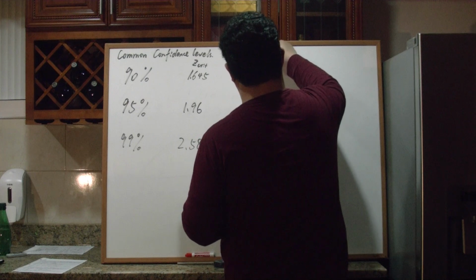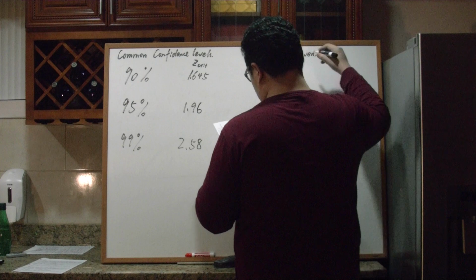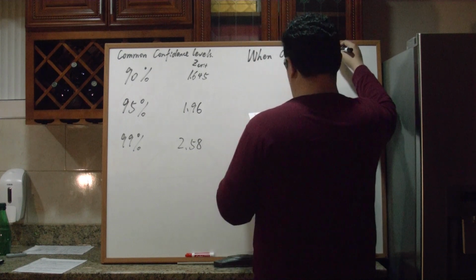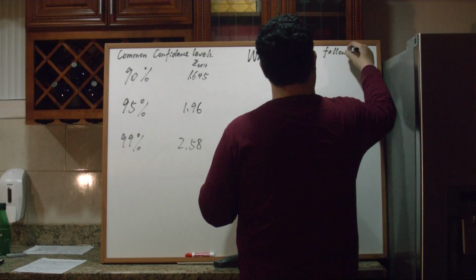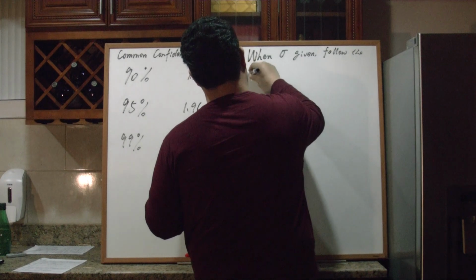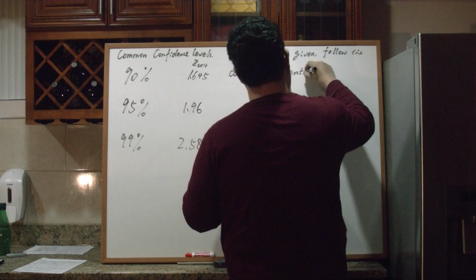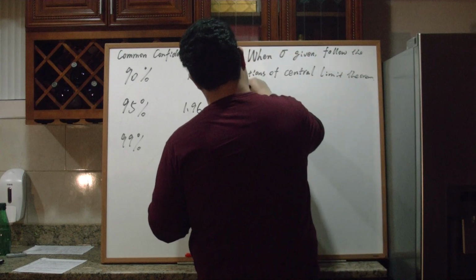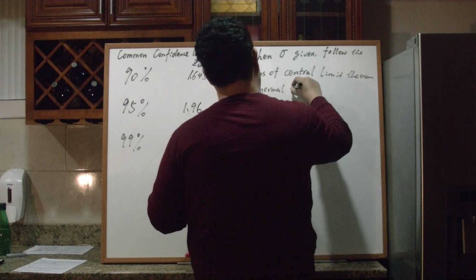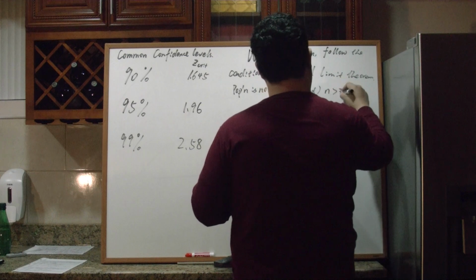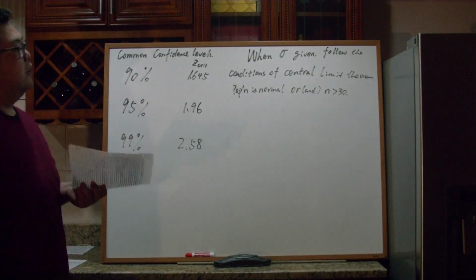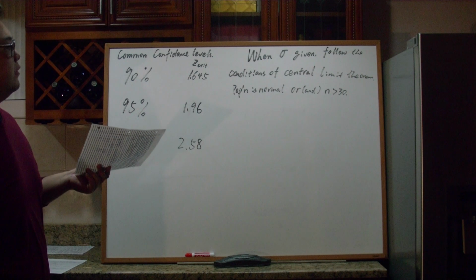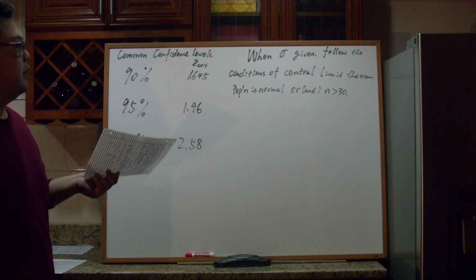So the way we do it, when sigma is given: we know the population standard deviation is given and it satisfies the condition of the central limit theorem, which means the sample is a simple random sample and the population is normal.